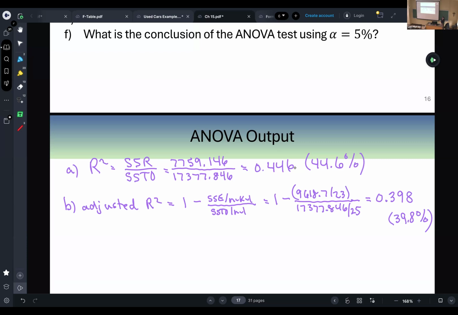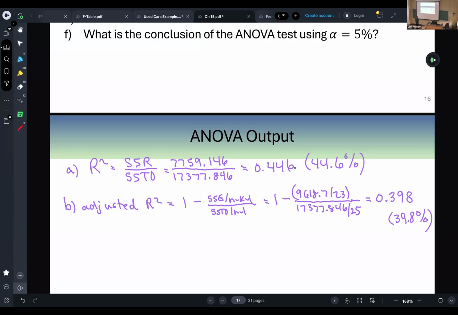Can you verify? It's always good to verify. And you have 39, 38?